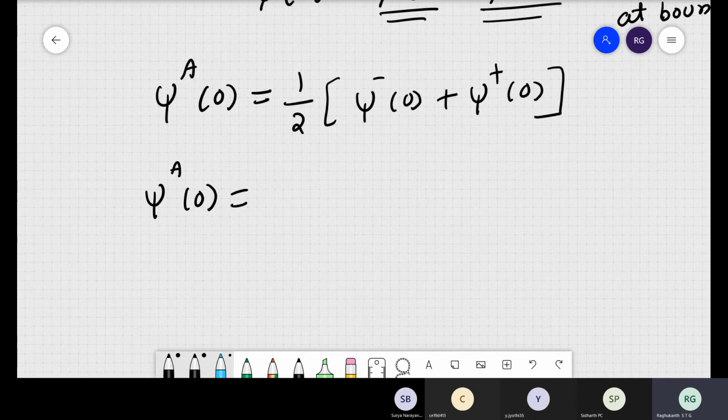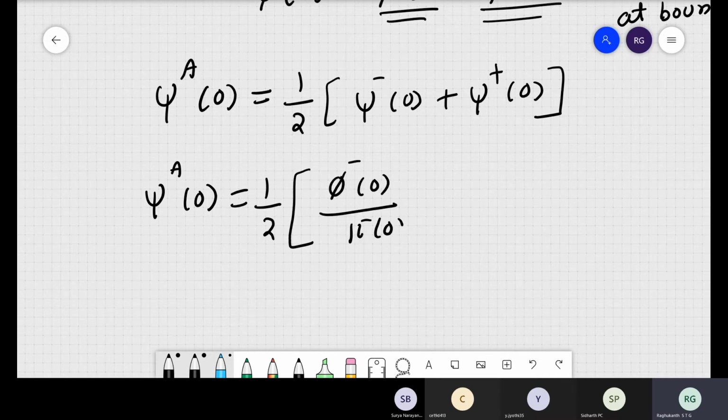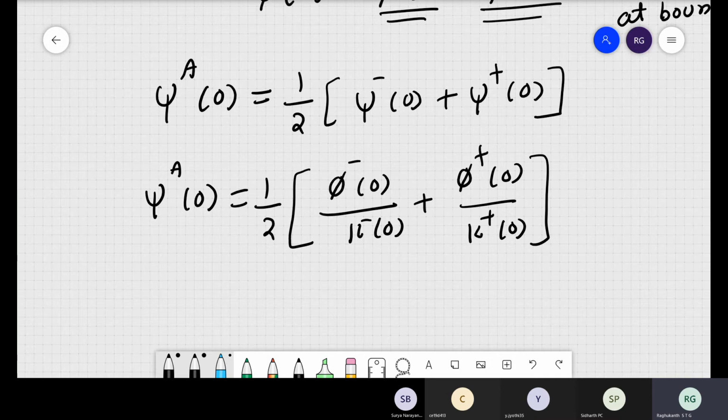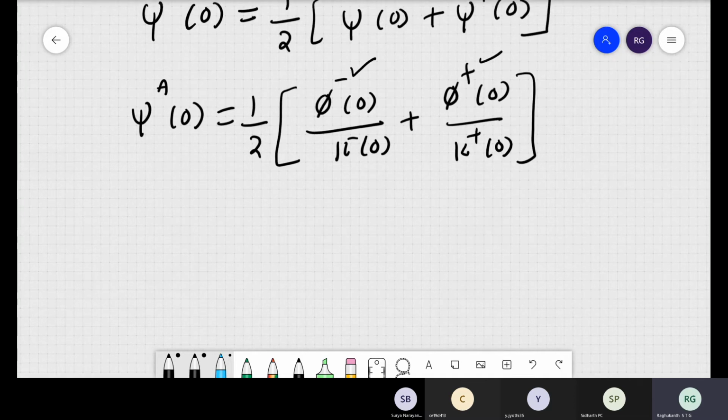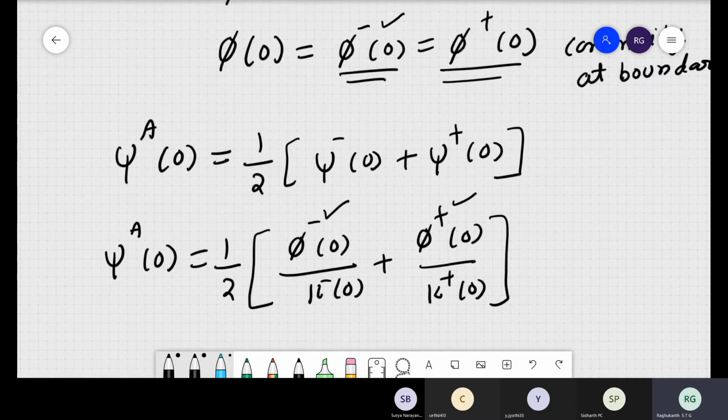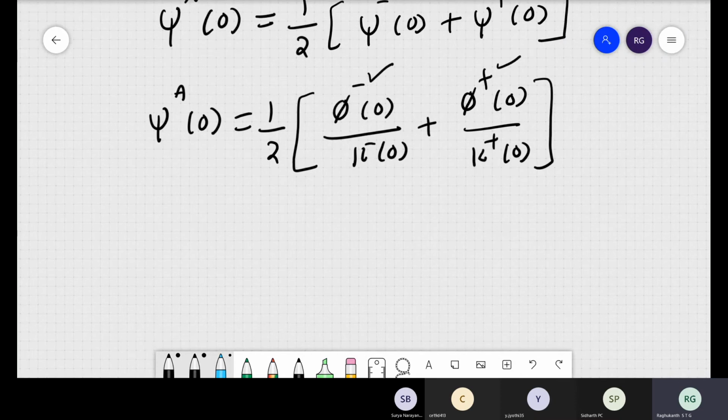Now at the interface, what is happening? My boundary condition is that phi of minus 0 and phi of plus 0 both have to be the same, so you can pull it out.